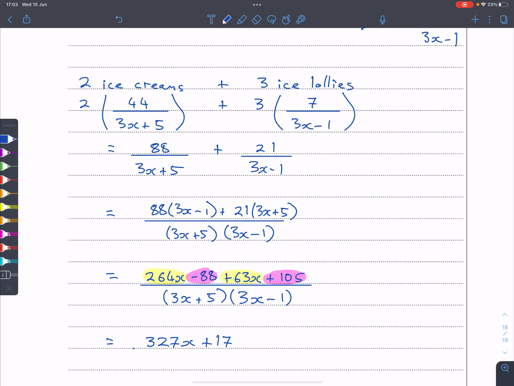And that's all over 3x plus 5, 3x minus 1. Now, there's no actual common factor in this numerator, so that's as simple as it can get. So that's our answer.